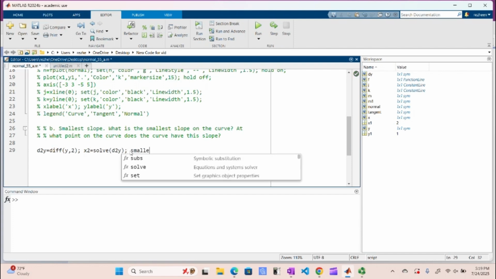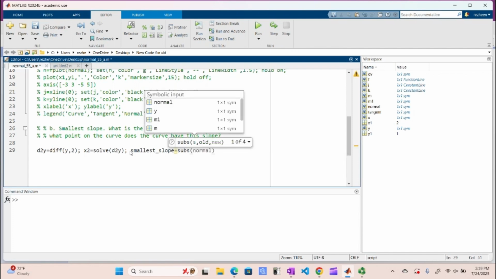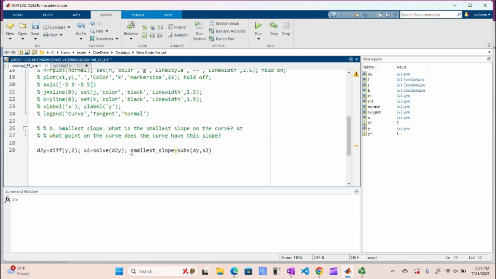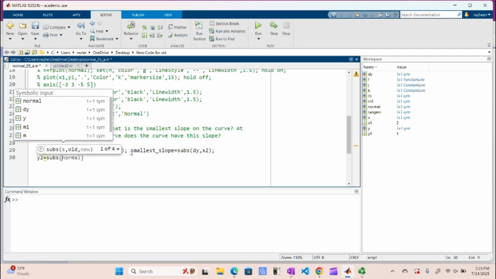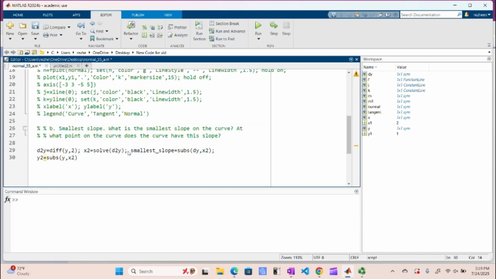Smallest slope equals subs dy comma x2. And now I'm going to evaluate the function at x2. So y2 equals subs y comma x2. So this is our new coordinate point, x2, y2.